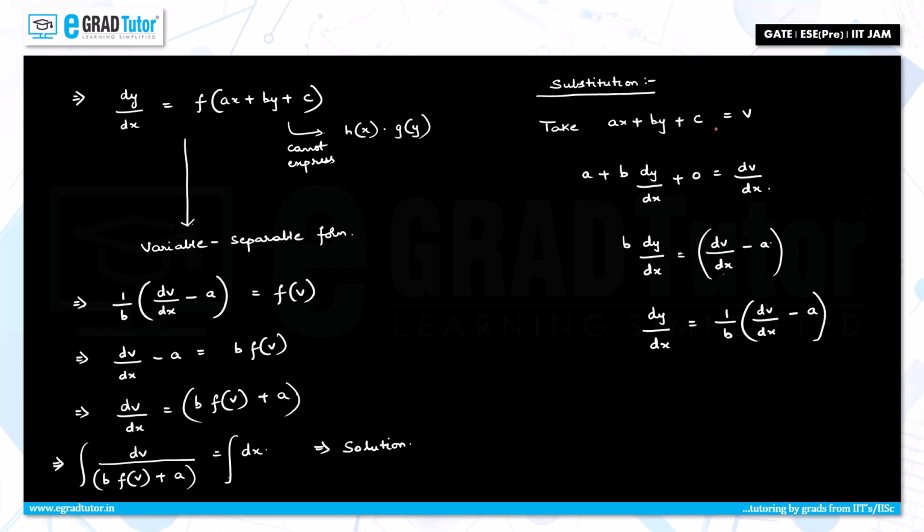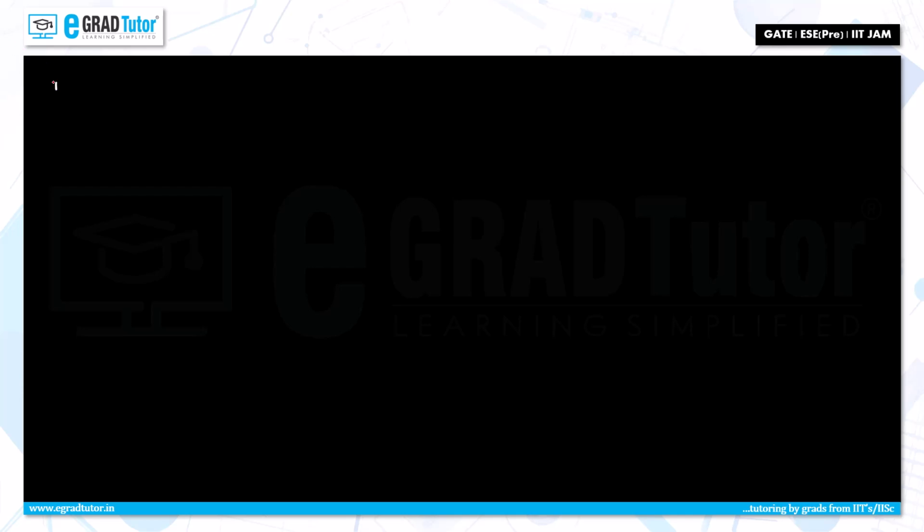Alright, let's see an illustration where we can use this kind of substitution and reduce a given differential equation to variable separable form. Let's take an illustration: dy by dx is equal to sine of x plus y. What do you use here?